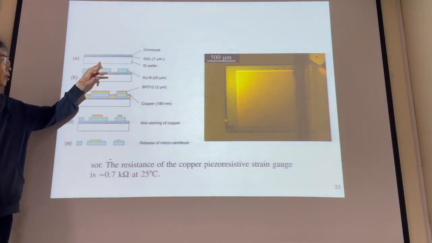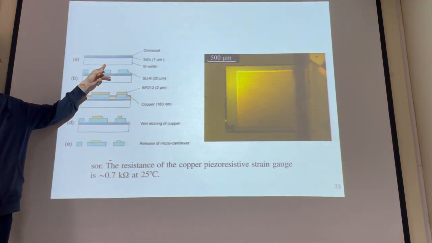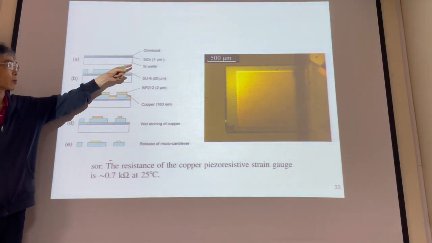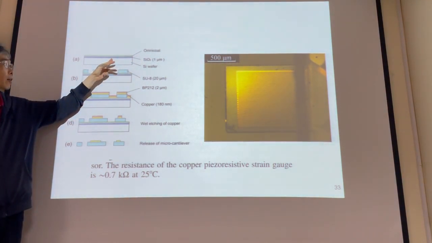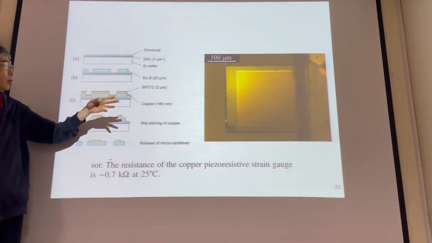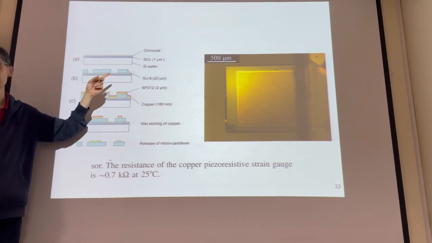So we use the silicon wafer, and on top of the silicon wafer, we have 1 micron oxide. Then we coat this undercoat material before the SU8.